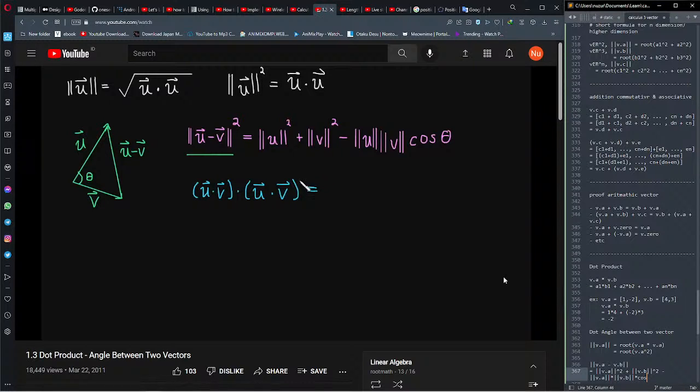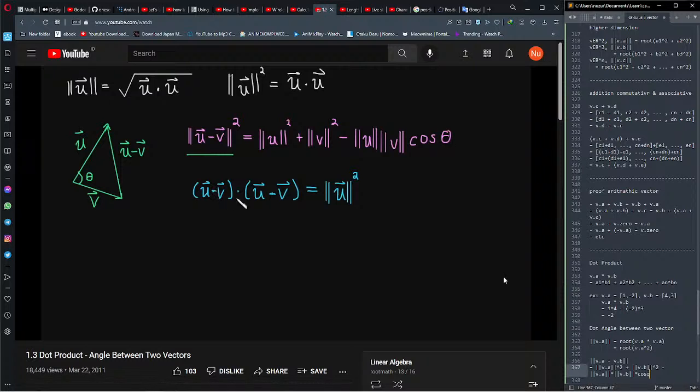So u dot u, well, we just talked about that. That's the length of u squared. So let's write that as that. U dot u is the length of u squared. And then we have u dot, oh, I have dot products in there, sorry, that's a mistake. This should be u minus v, u minus v.